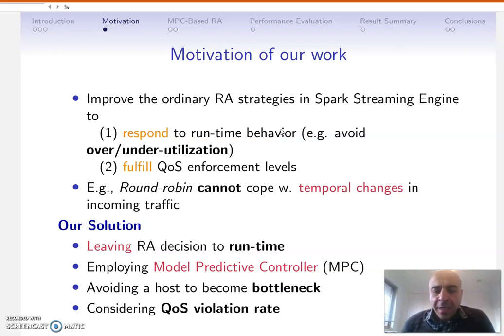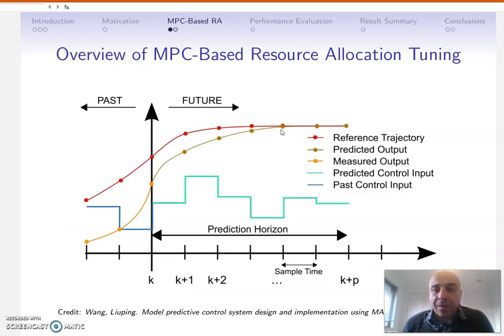And the main advantage, or the main pivot of our approach, is that we design a model predictive controller, which I'm going to explain on this slide.